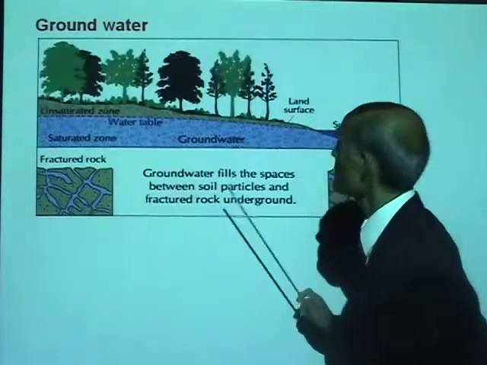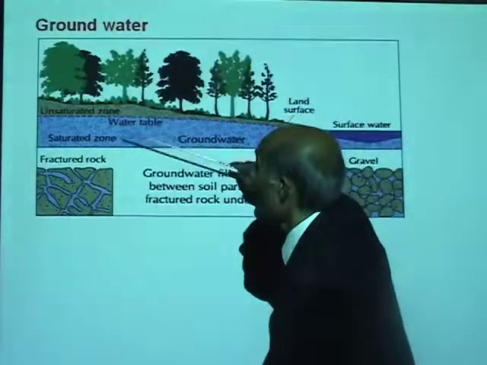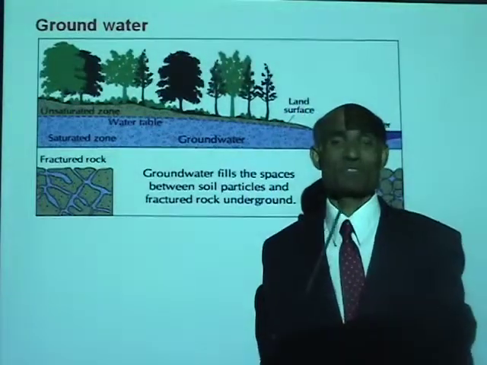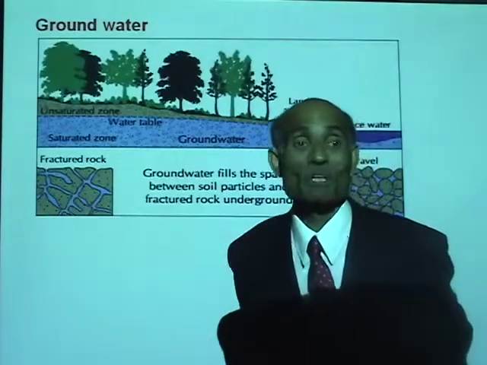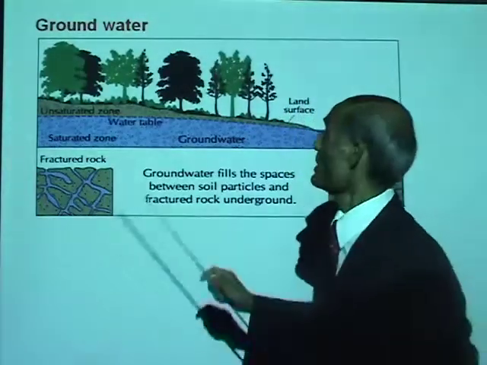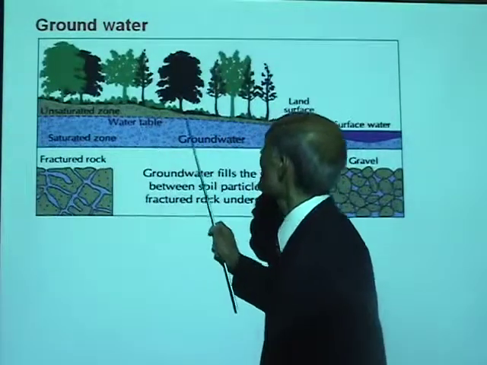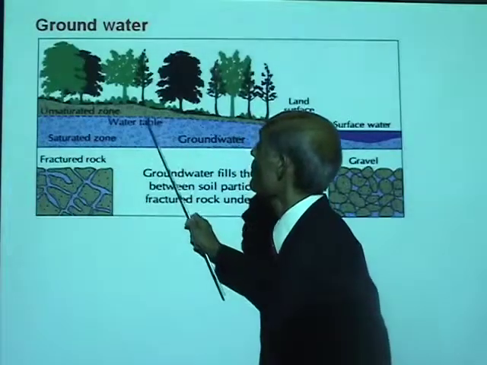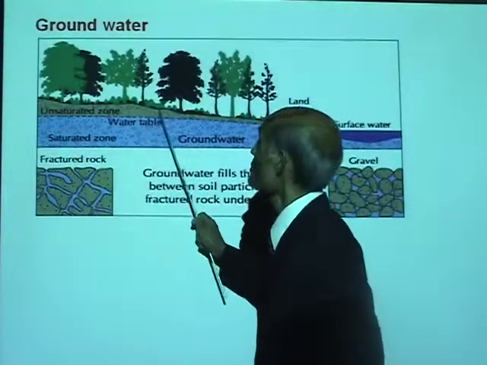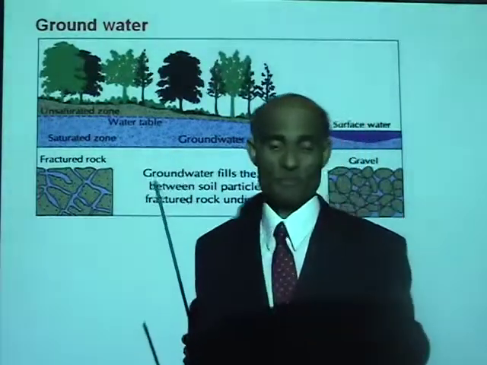Well, here I have an illustration of groundwater. If you would dig any part of the surface, you will reach the groundwater supply. Now you can see the line that separates the layer where water is available from the layer where water is not available is called the water table.